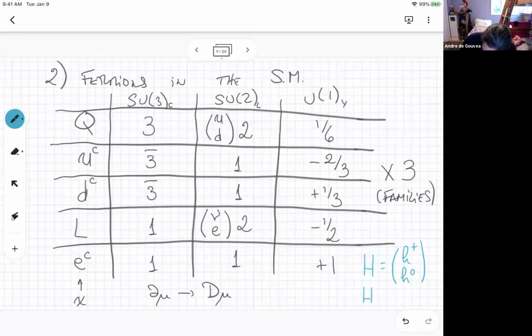You don't really have to use that to write everything down, but it's convenient to do it this way. I'm running out of space, so it looks like this. The key thing is that it has hypercharge plus a half, and this guy has hypercharge minus a half. Okay, so that's the idea.